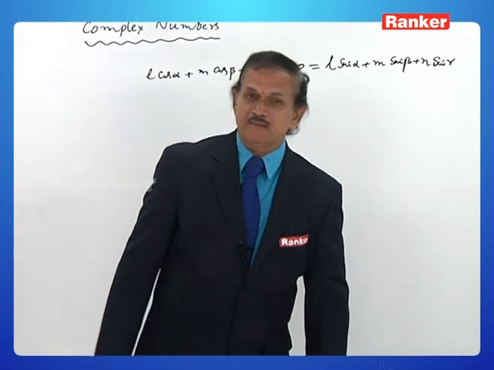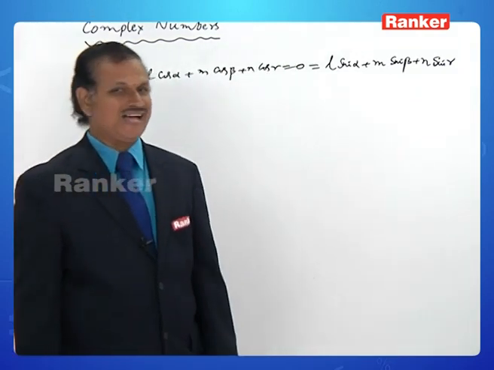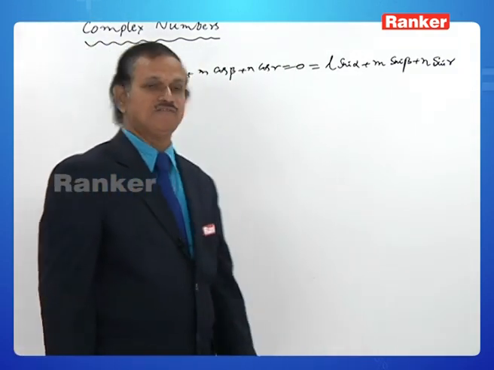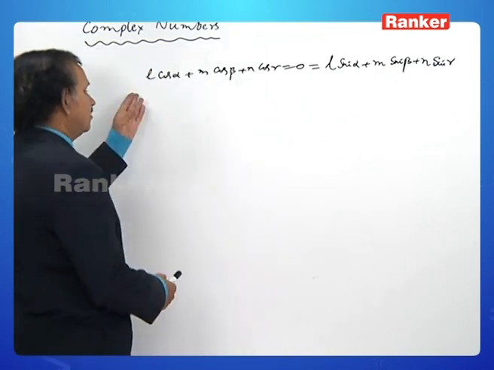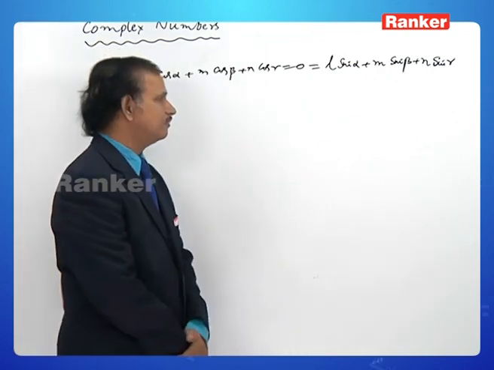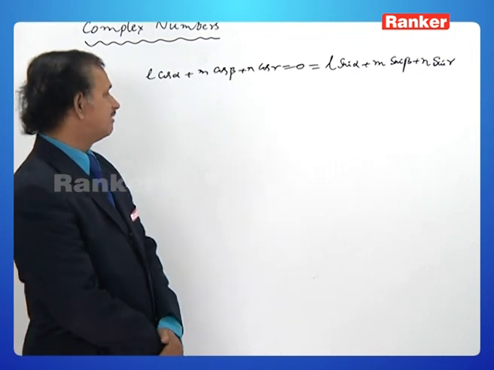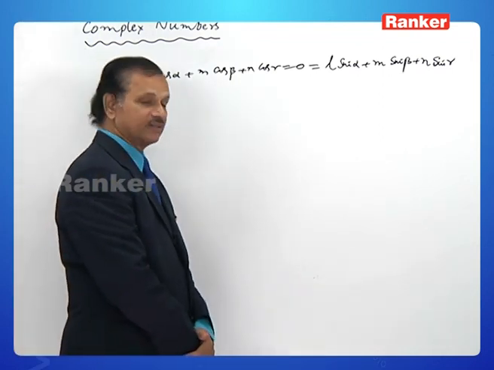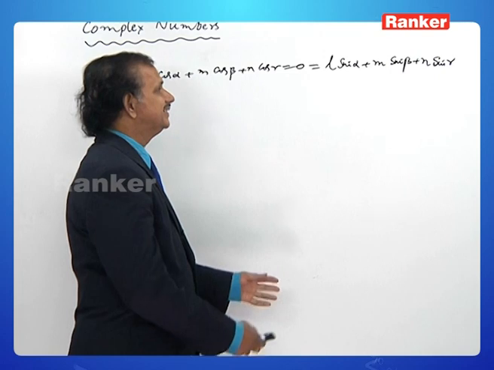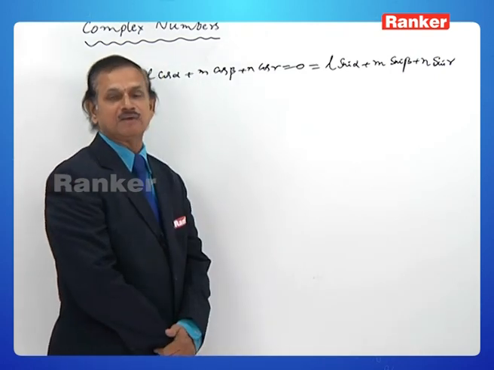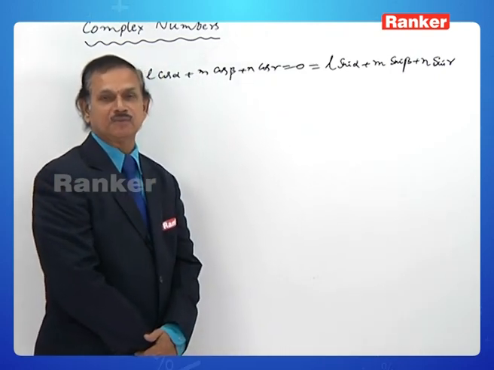By representing them with suitable complex numbers as in the previous case, we will be able to write that L cube cos 3 alpha plus M cube cos 3 beta plus N cube cos 3 gamma is equal to 3 LMN into cos of alpha plus beta plus gamma, and similarly for sine.